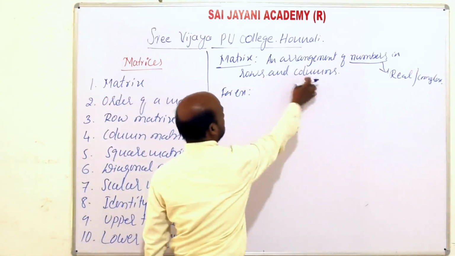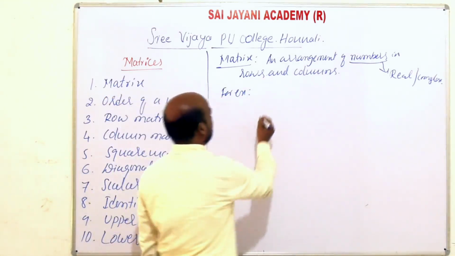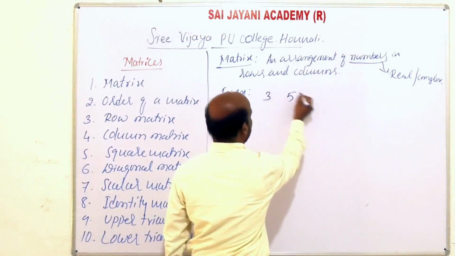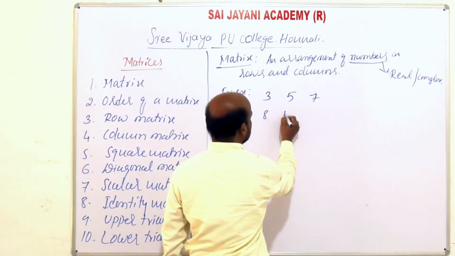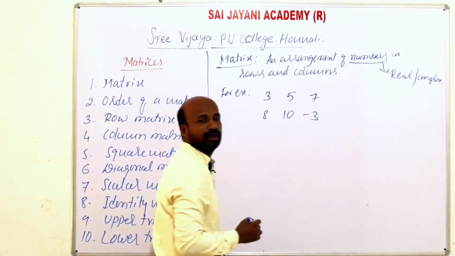Arrangement of numbers in rows and columns, that is 3, 5, 7, 8, 10, minus 3.